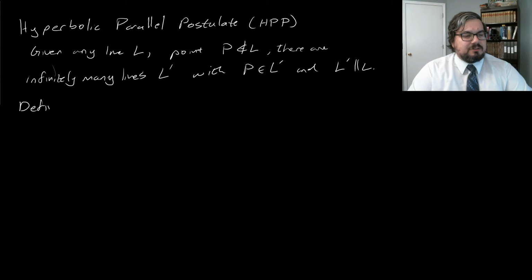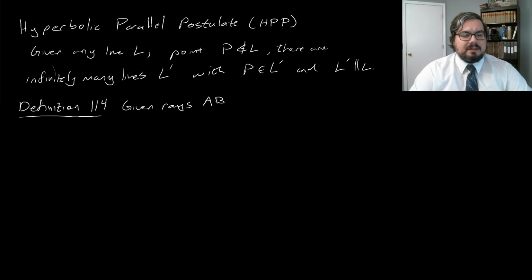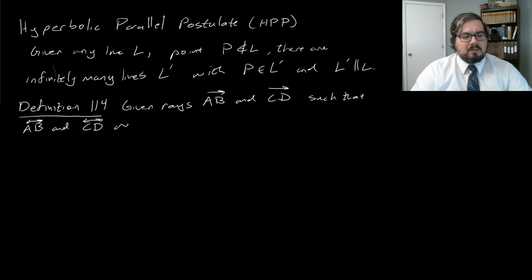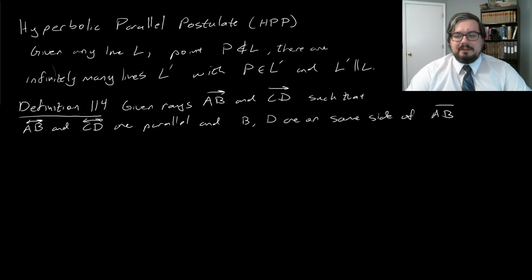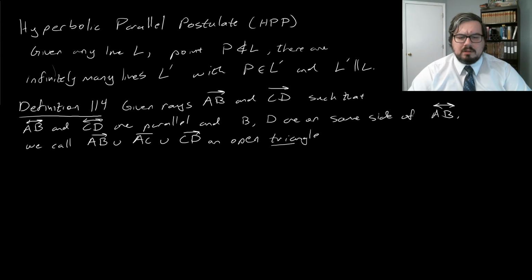So we'll go to definition 114. Given rays AB and CD such that the lines AB and CD are parallel, and such that B and D are on the same side of the line AC, we call the ray AB union the segment AC union the ray CD an open triangle, denoted triangle BACD.